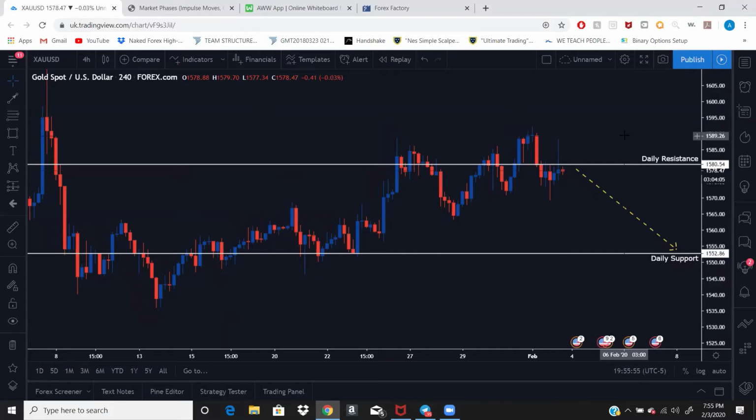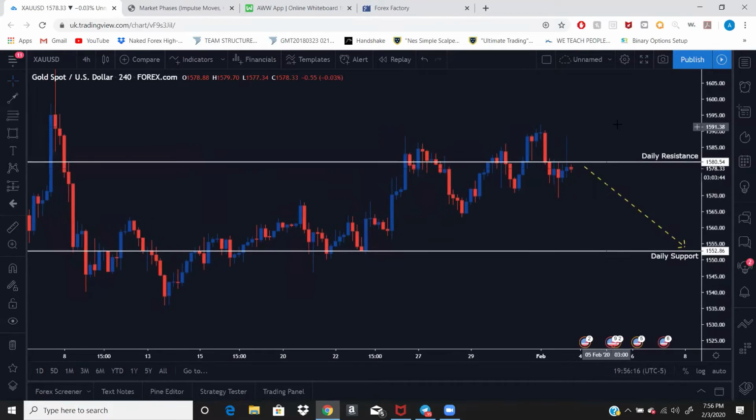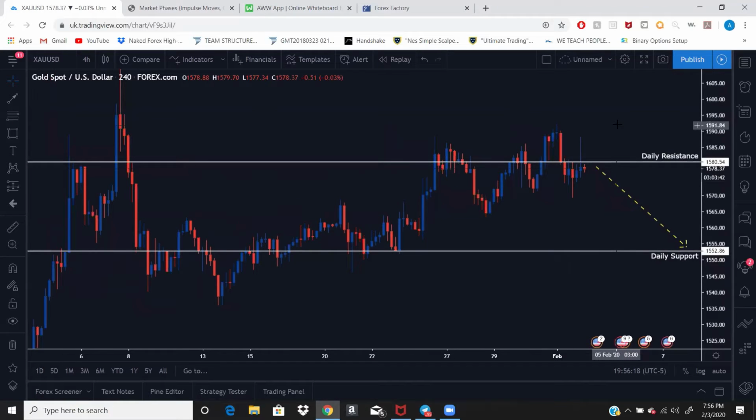But I was just saying that I'm still looking for the sells on gold because the price is not able to remain above 1580, so that area still serves as a strong resistance, and I believe gold will make its way back down to 1555.